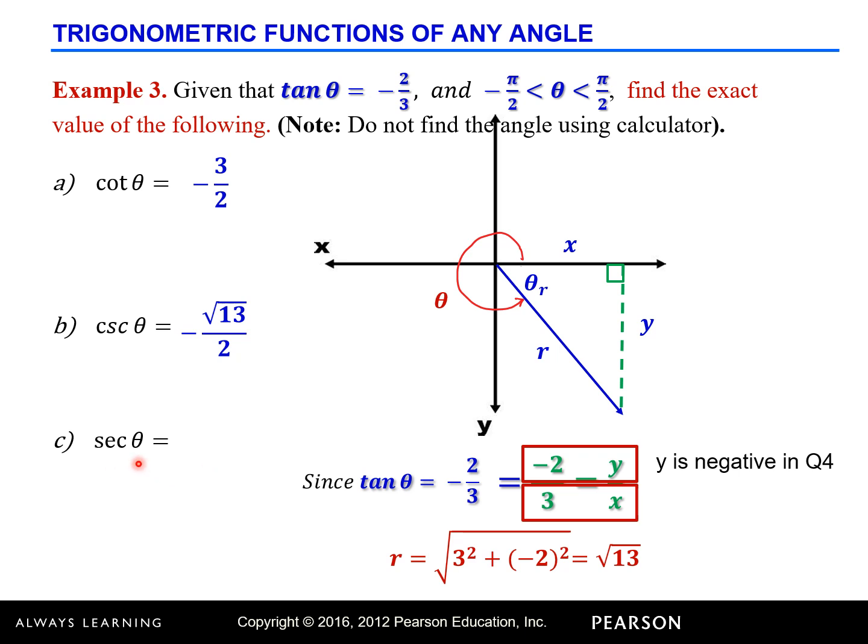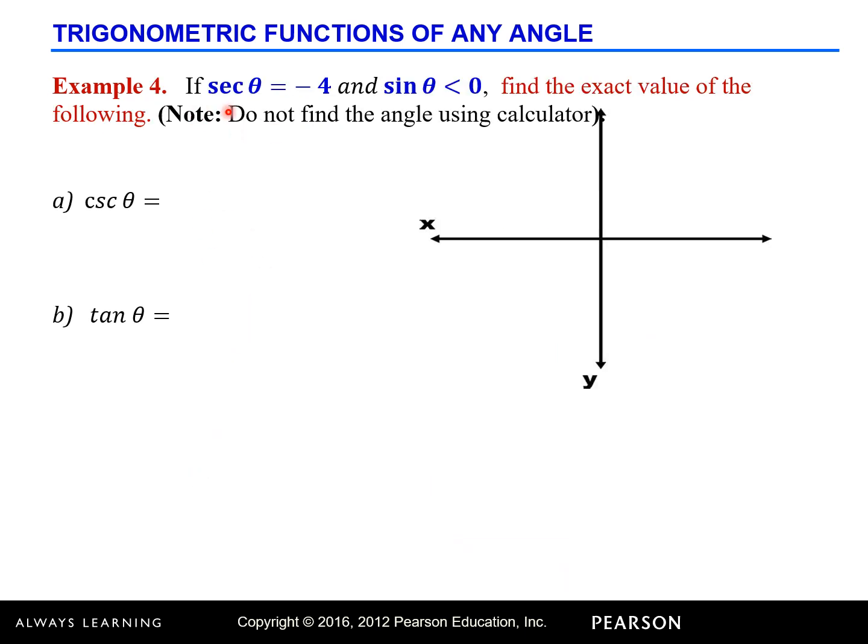And then for secant theta, the reciprocal of cosine, it is defined as r over x. So r over x is square root of 13 divided by 3. Make sure your answer is in simplest form and there is no radical in the denominator.